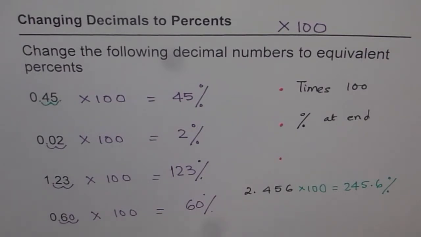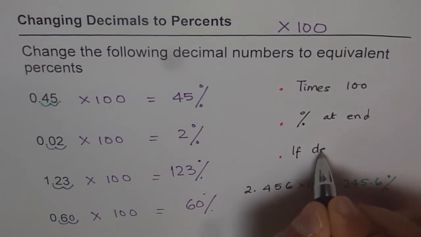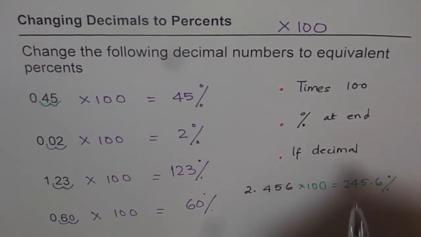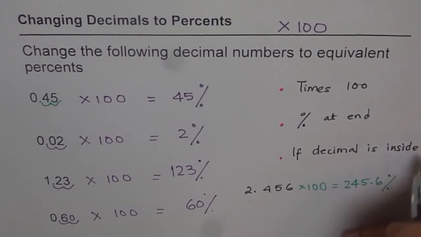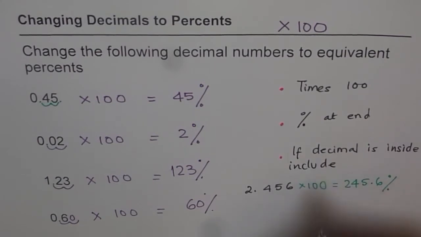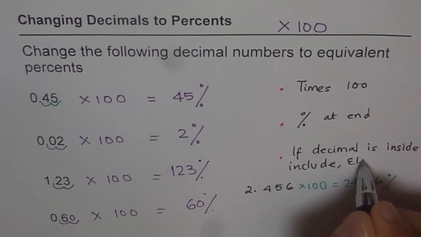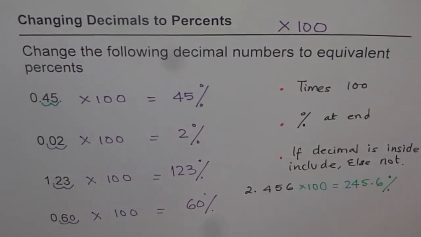If the decimal is inside, then you include it, otherwise not. In short, if the decimal is at the end, just drop it. But if it is in between, include it. So that is how you can convert decimals to percent.